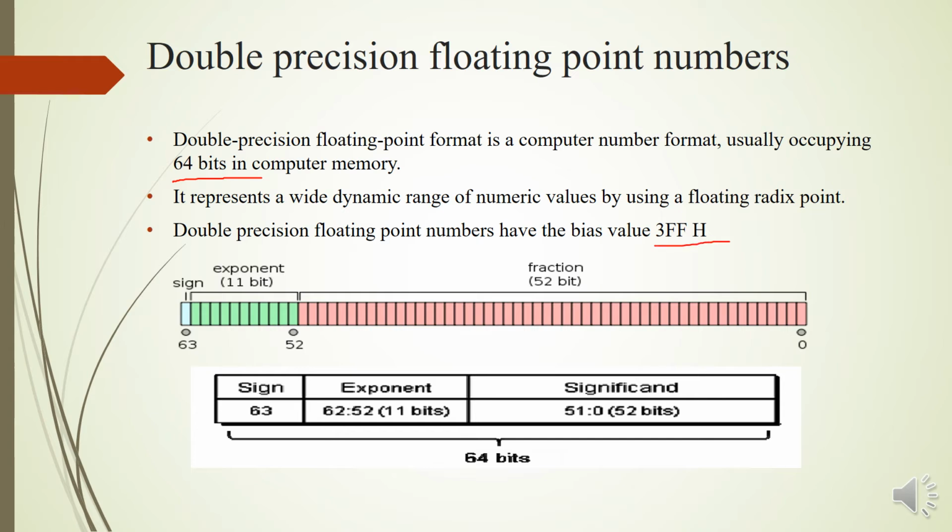The diagram gives you the double precision floating point number format, 64 bits wide. Bits 0 to 51 represent the fraction part, bits 52 to 62, a total of 11 bits, represent the exponent part, and the MSB represents the sign bit.